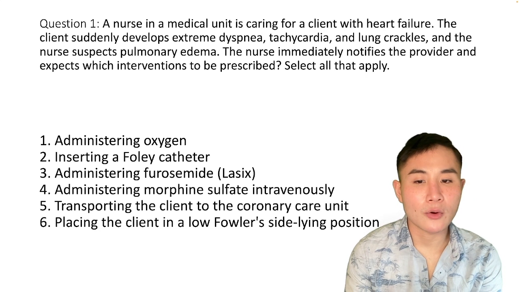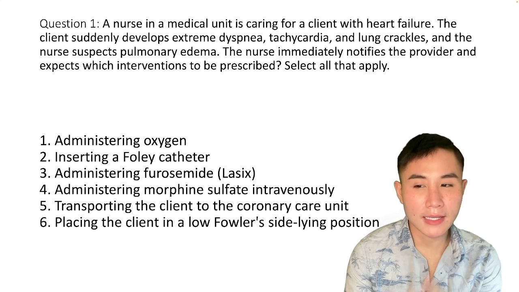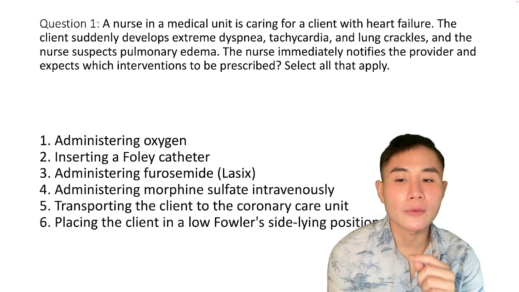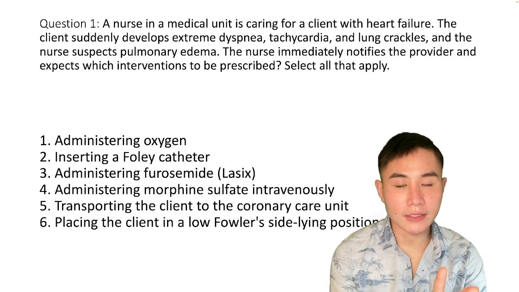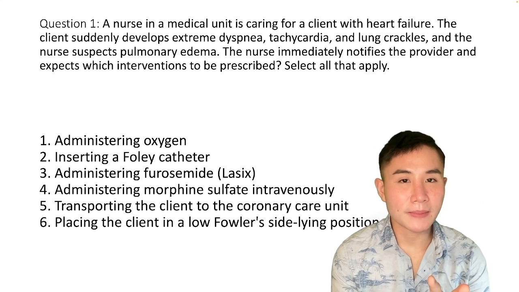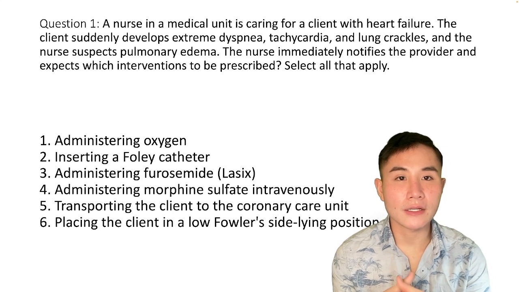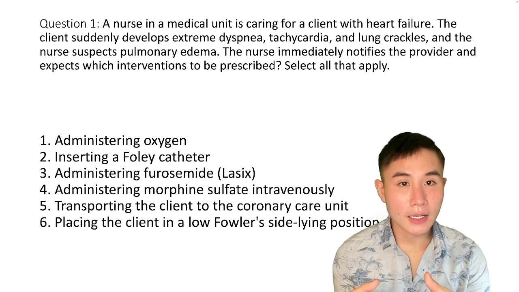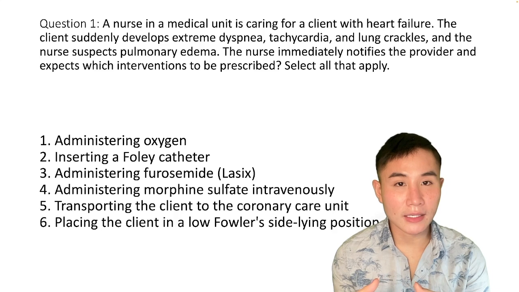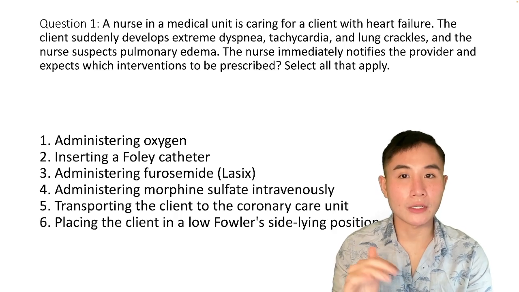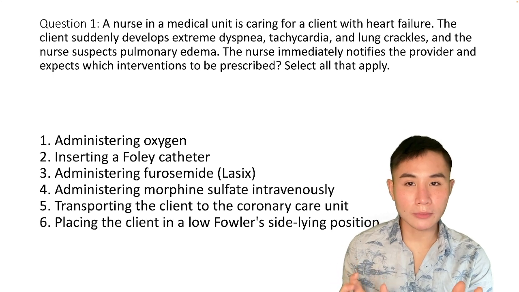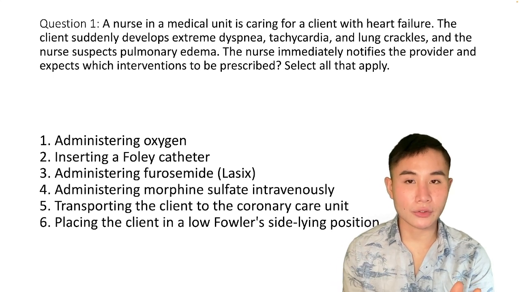Number 4, administer morphine sulfate intravenously. I think yes. The reason we give morphine is because of 2 reasons. These patients are in dyspnea. Giving morphine will cause the veins to dilate, and when the veins dilate, there's less preload, meaning less volume is going to the right ventricle.